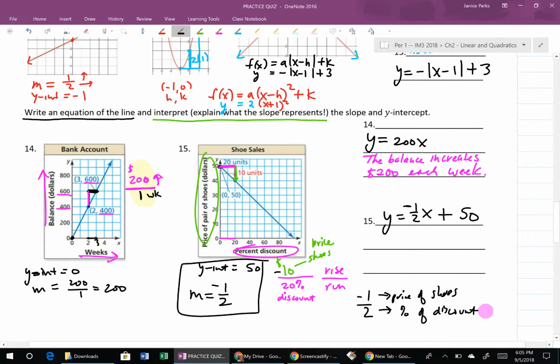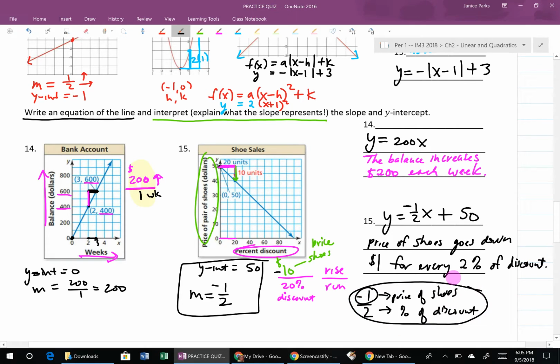So when I write that out, the price of shoes goes down $1 for every 2% of discount. Okay, and again, this price of shoes, this percent of discount. Okay, percent of discount, price of shoes.